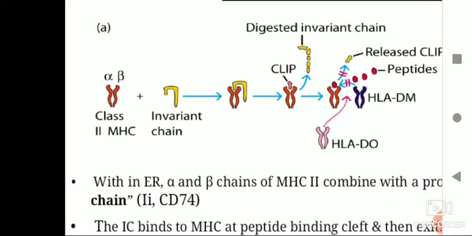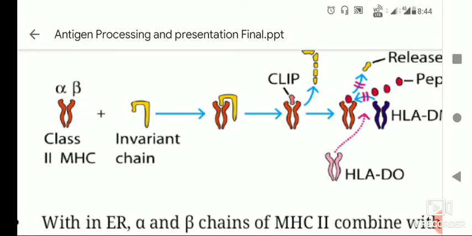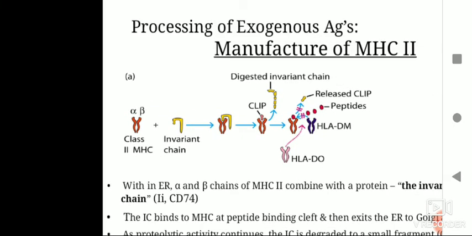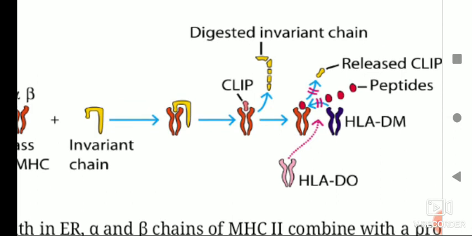This invariant chain will specifically combine with the alpha beta chains of MHC class 2 at the antigen binding cleft. You can see here it is bound at the antigen binding cleft. After this binding, proteolysis of the invariant chain will take place, that is, cleavage of the invariant chain, leaving only a small part.